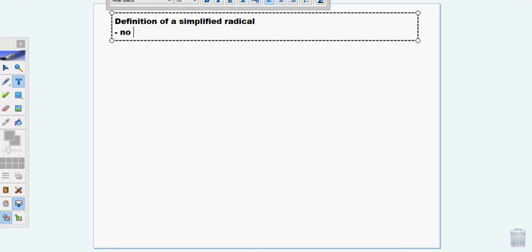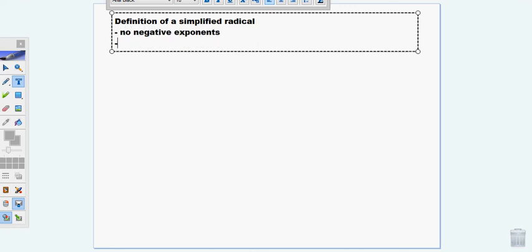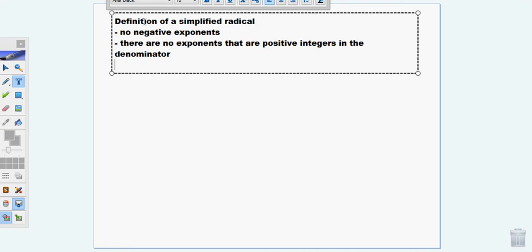There are no negative exponents. There are no exponents that are positive integers in the denominator. There is no complex fraction.